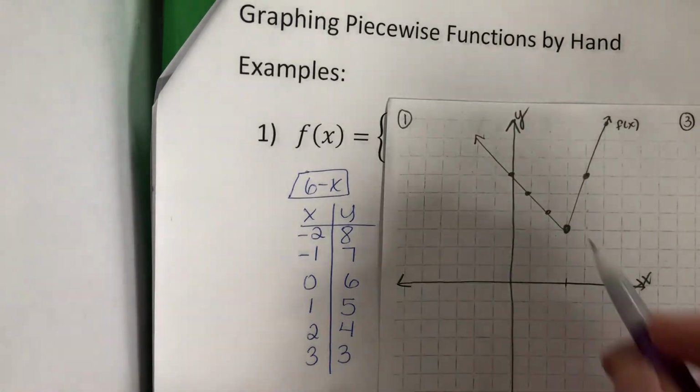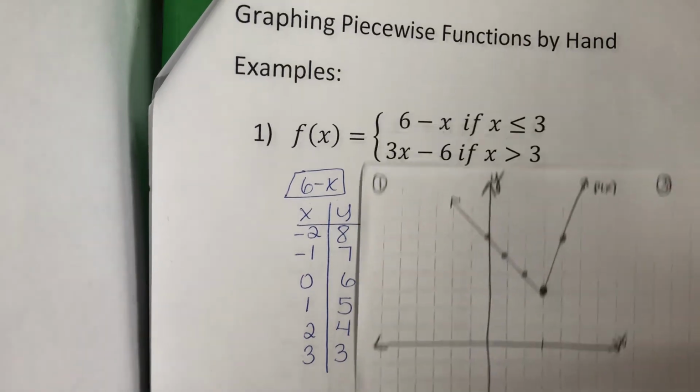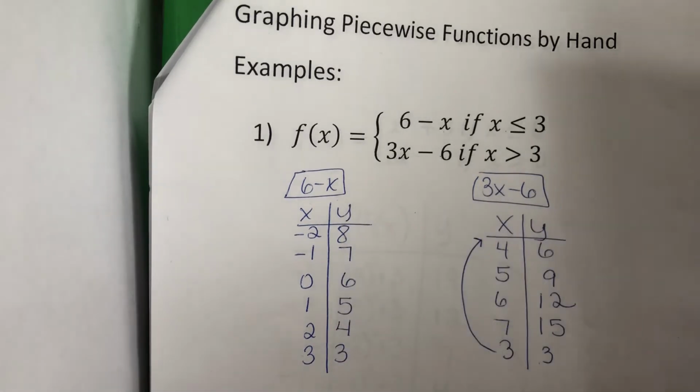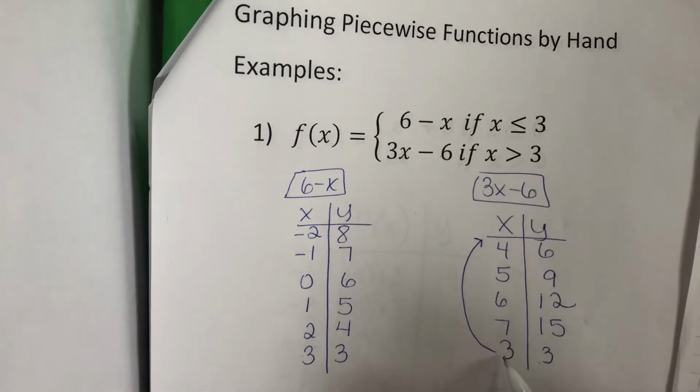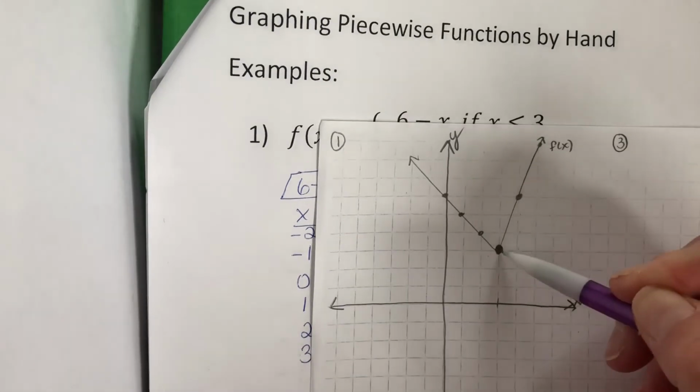Now at (3, 3), I've got this closed dot over here because it's equal to 3 at that point. Now when I go to graph in the other direction, what I notice is it also shares the point (3, 3). So these two connect.